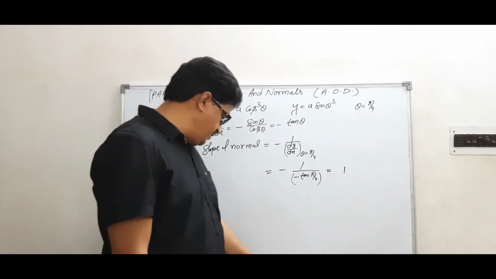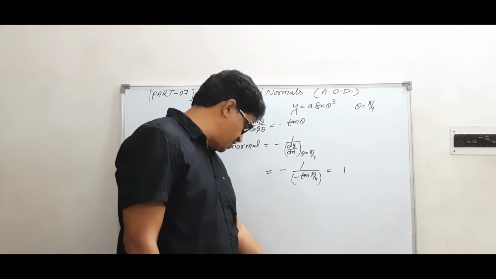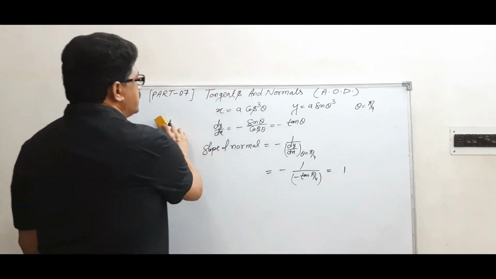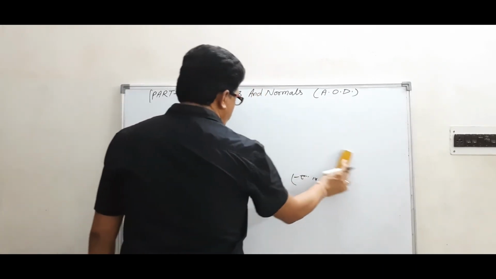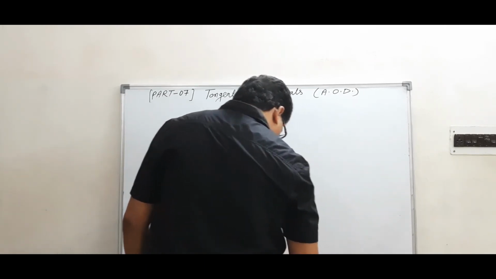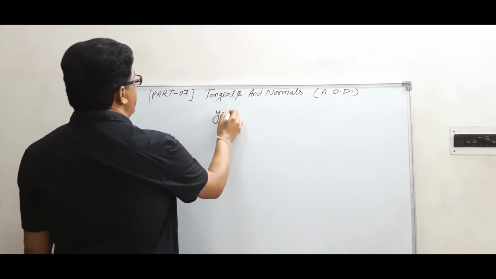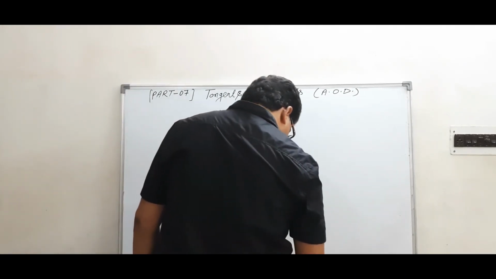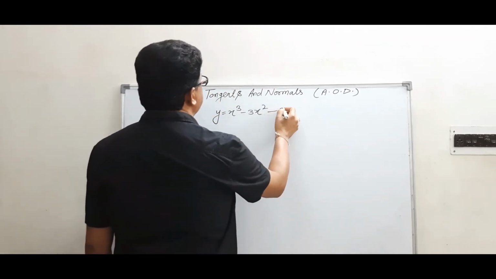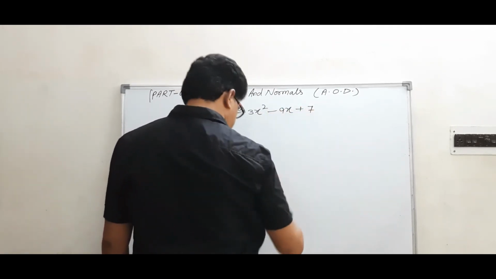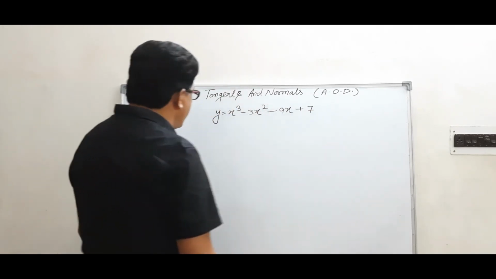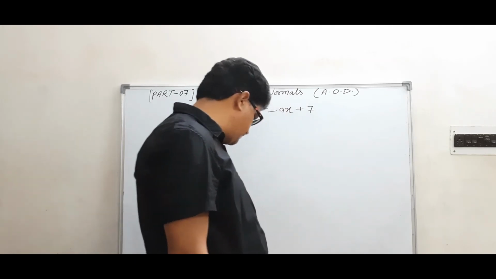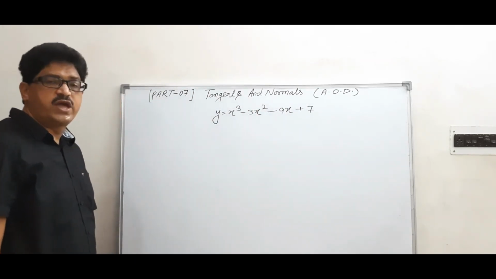Then question number 7. Find the points at which the tangent to the curve is parallel to the x-axis. Find points on the curve y equals x cube minus 3x square minus 9x plus 7 where the tangent is parallel to the x-axis.